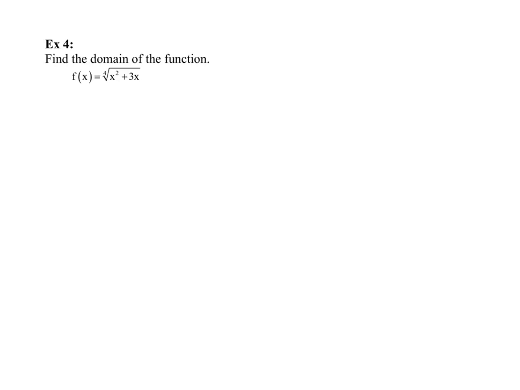Find the domain of the function. This is what you have to do. Since I'm working with an even root here, I can only take an even root of a number that is positive or 0. In other words, this can't be negative. So x squared plus 3x cannot be negative, so it has to be greater than or equal to 0.